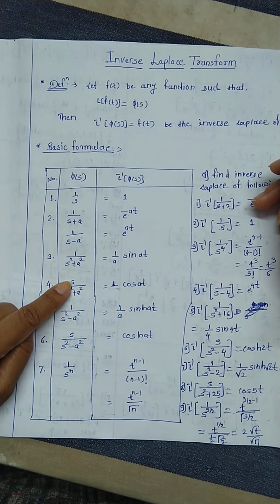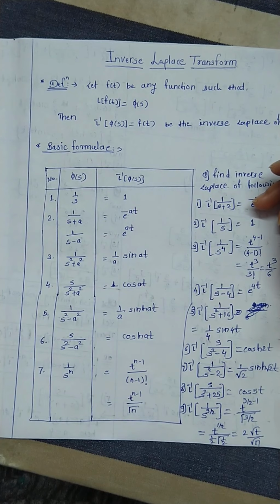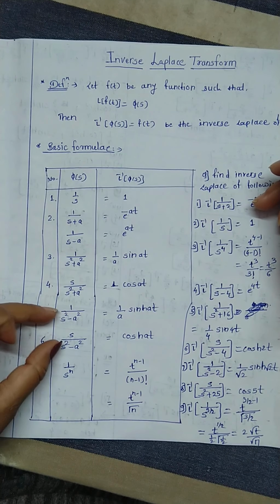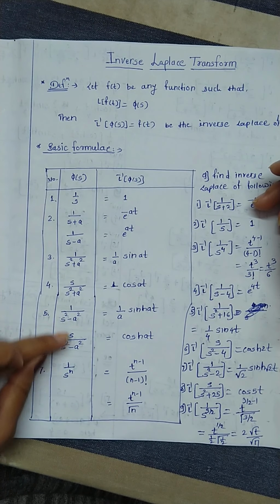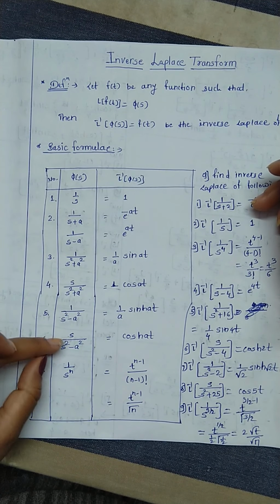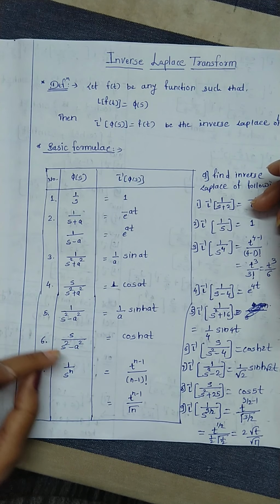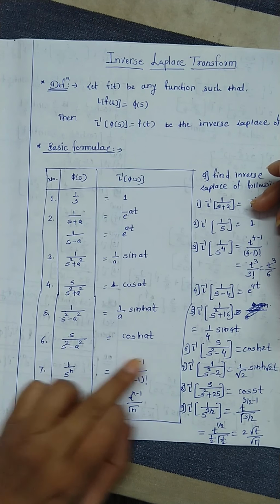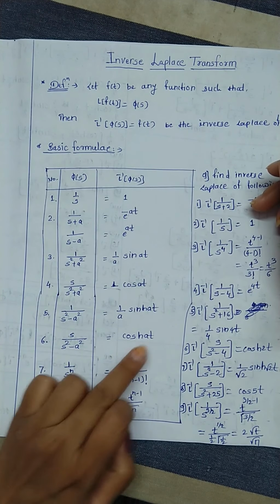Whenever in the numerator s is there, there is cos. Now, when a negative sign is there in the denominator, that means they are hyperbolic functions. If the numerator contains s and the denominator contains a minus sign, that means it is cos hyperbolic at.